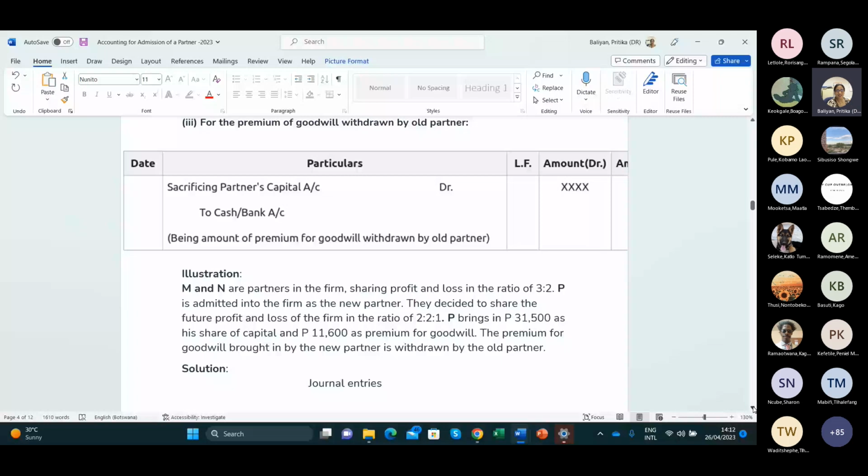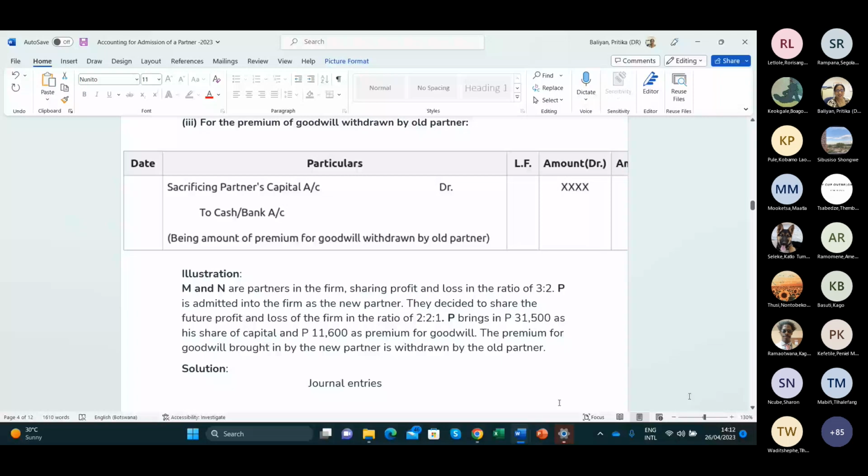So you do not need to prepare the rest of the accounts after making those general entries, because it doesn't affect the income statement of the business or the ledger accounts. Then you only prepare a new balance sheet for the business after admitting a new partner.